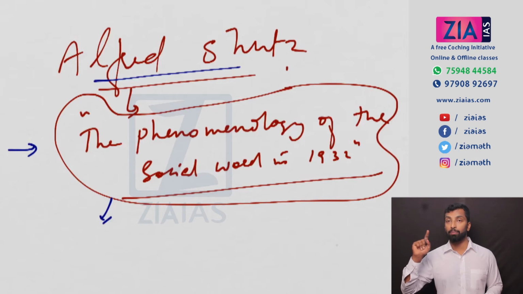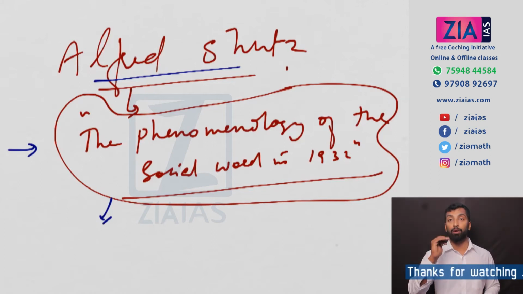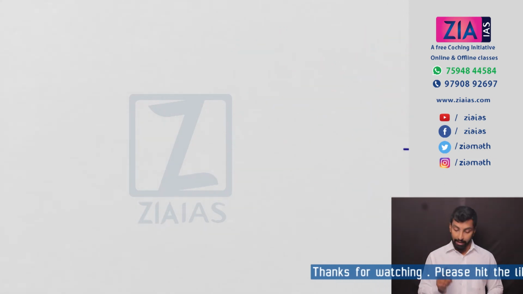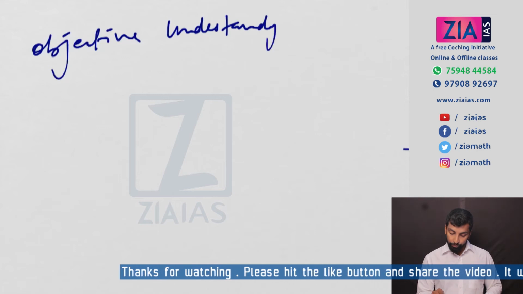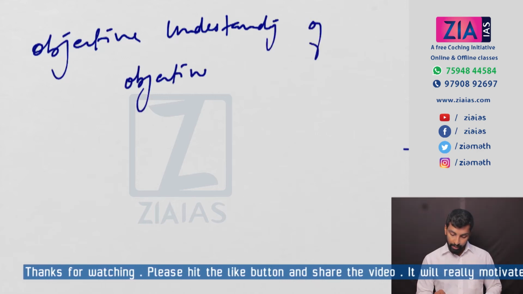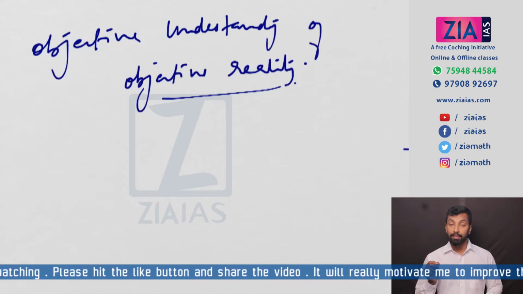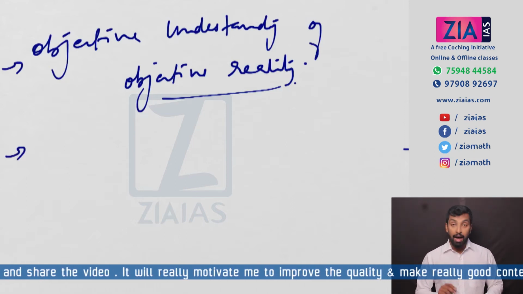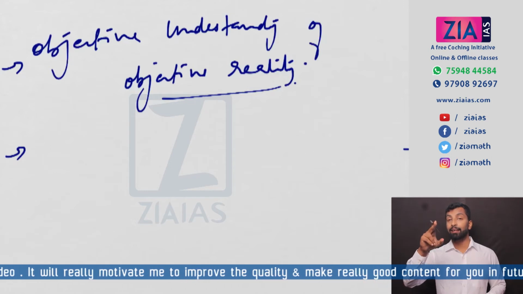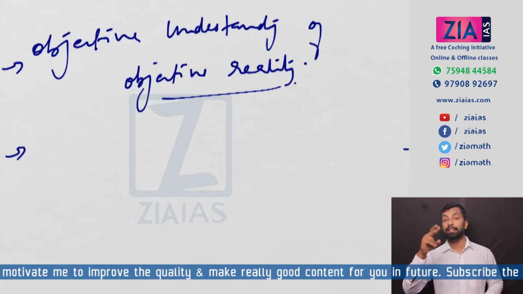The reality is objective because you are studying external reality and using scientific methods, so objective understanding. Objective understanding of objective reality is positivism. This is how you can simply understand it. When we discussed Weber, I told you the subject matter is not necessarily external realities.